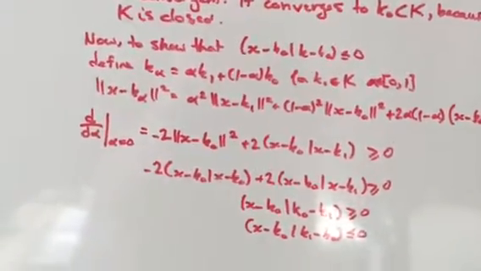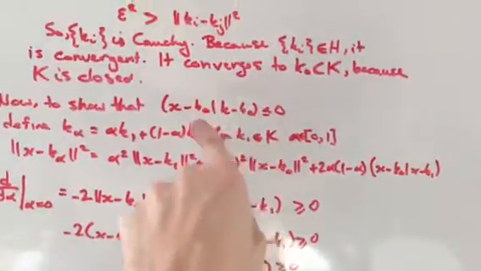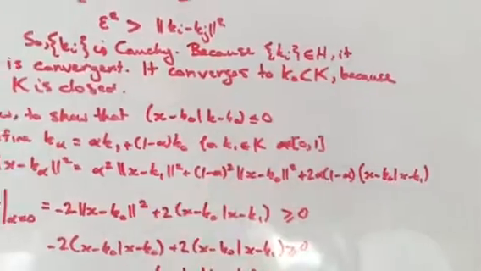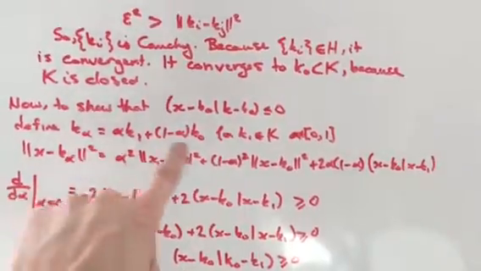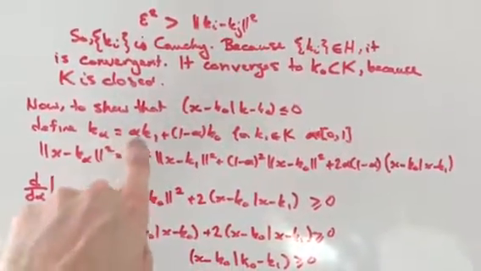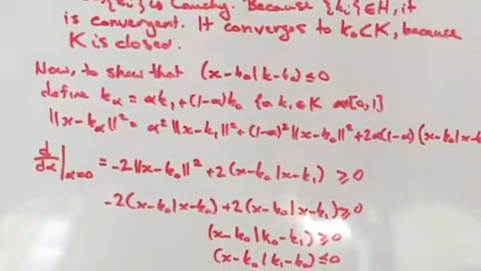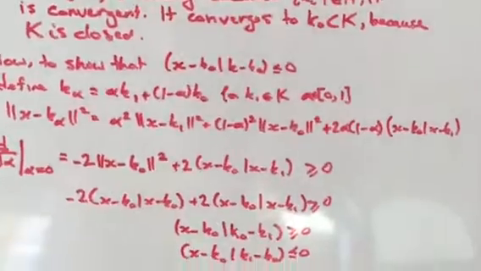Now that I've shown that this k sub naught exists, I'm going to show that it must satisfy the property that its inner product, x minus k sub naught, and then k minus k sub naught, must be less than or equal to 0. So what I do is I define this interpolation between some k sub 1 that I pick, which can be anywhere in my convex set K, for any alpha between 0 and 1. This is how I'm going to define it.